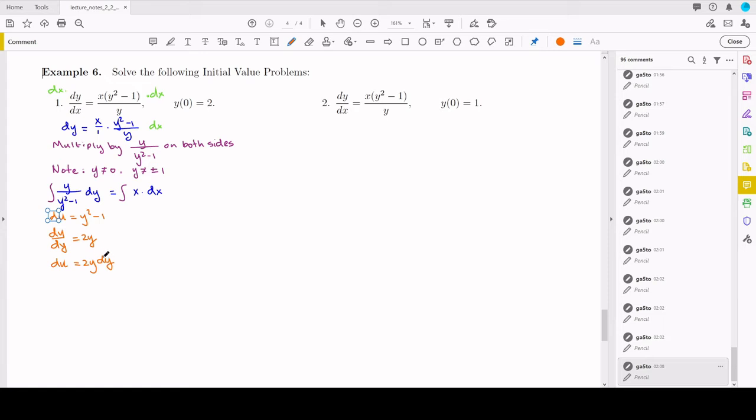Let's solve that for dy: 1 over 2y du equals dy. So that's the substitution that we're going to work with.